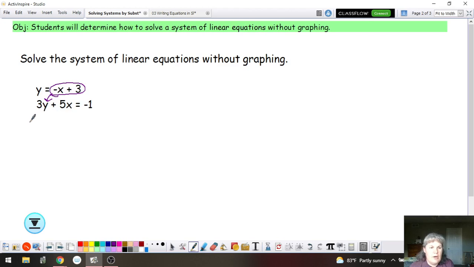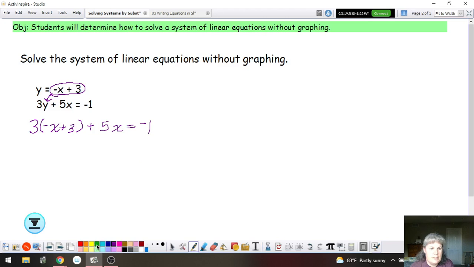So instead of writing the y, I'm going to replace y with a set of parentheses, and I'm going to write the negative x plus 3 inside those parentheses. Then I finish writing that second equation, plus 5x equals negative 1.